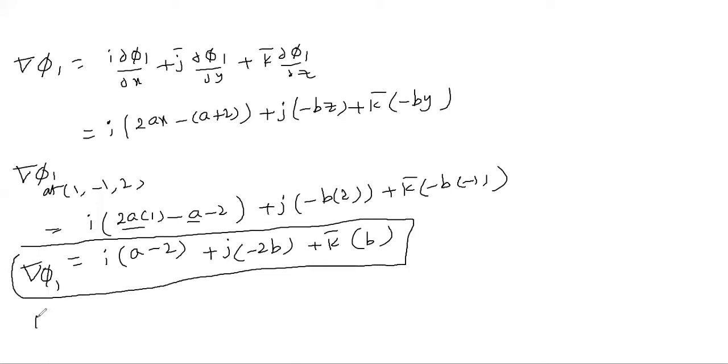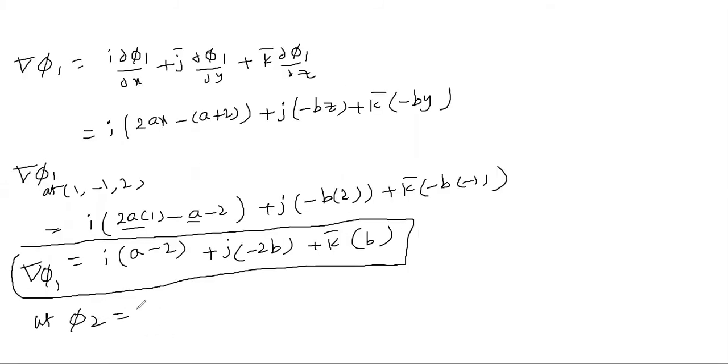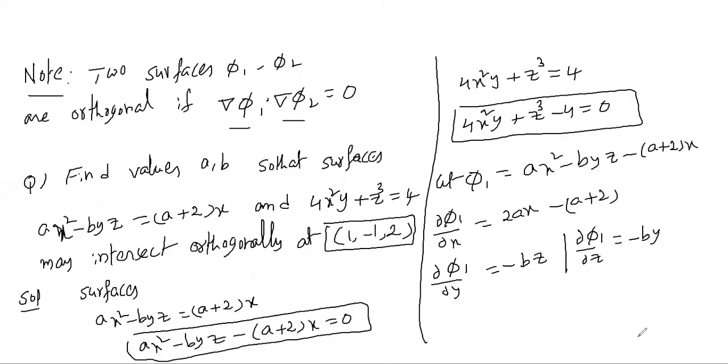Okay, let pi 2 be equal to the second surface: 4x square y plus z cube minus 4.